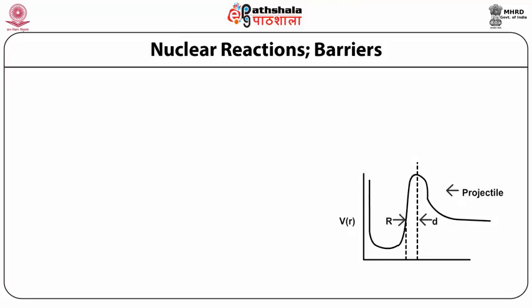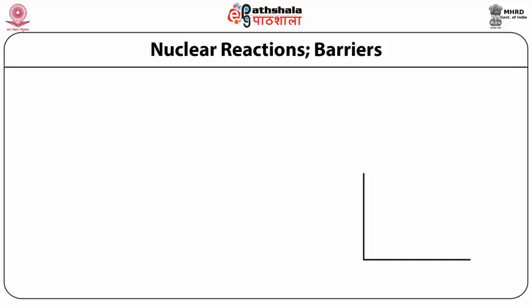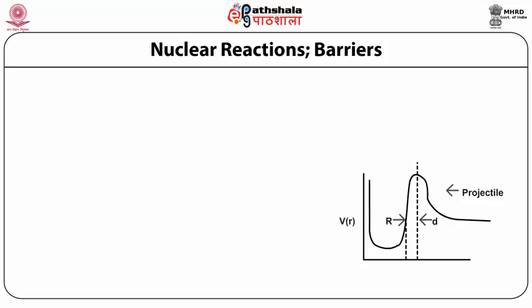In the nuclear reaction, we have two nuclei which are positively charged. When the two charged nuclei come close together to react, there will be some electromagnetic interaction in the form of Coulomb force between the two nuclei.